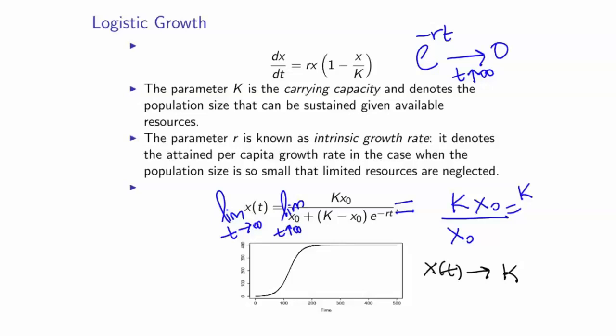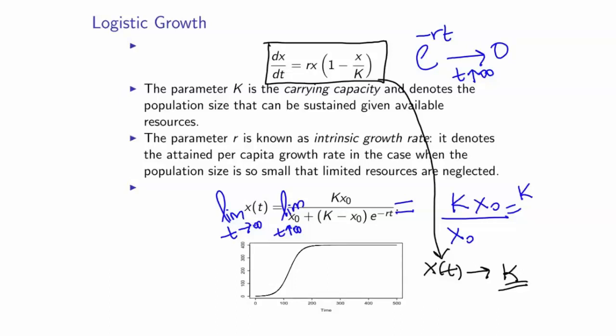X of t approaches the carrying capacity. So the population size or population density, when governed by this equation, will approach the carrying capacity. That's exactly what we're able to verify when we have a numerical solution of this equation.